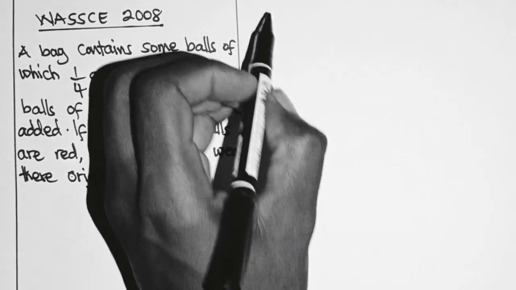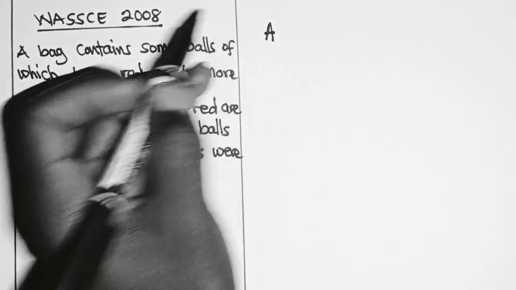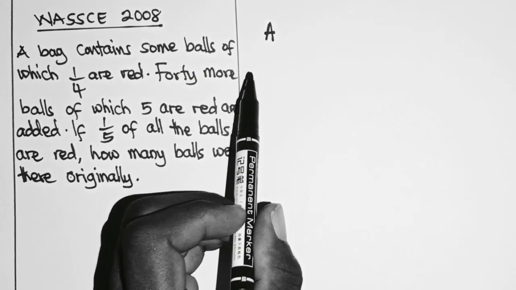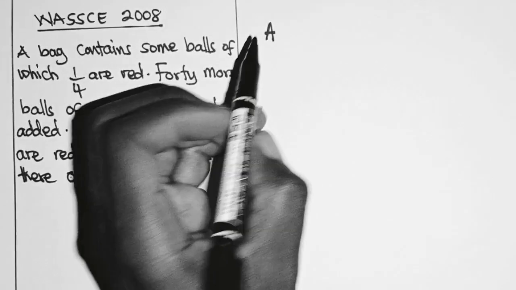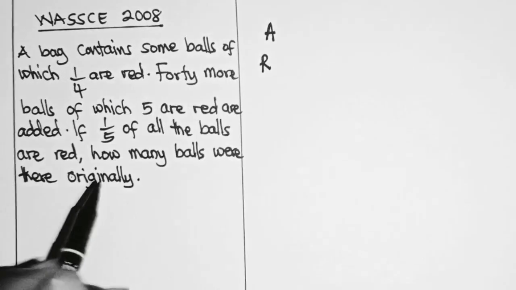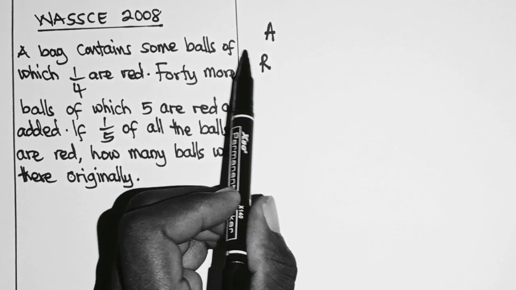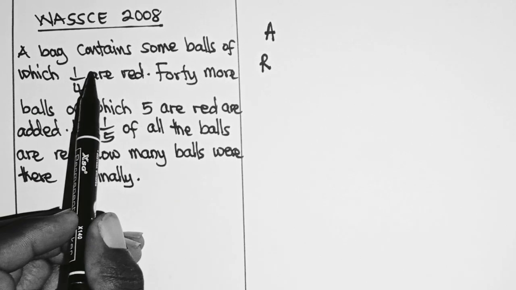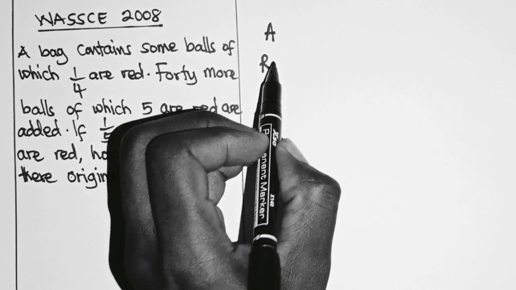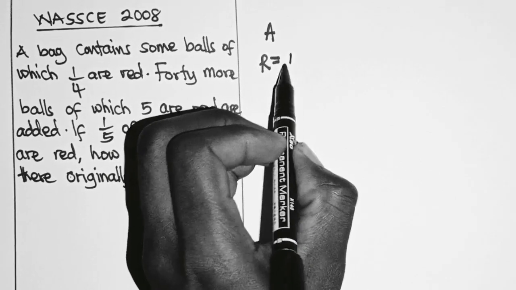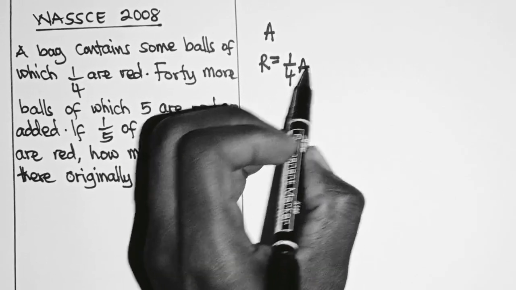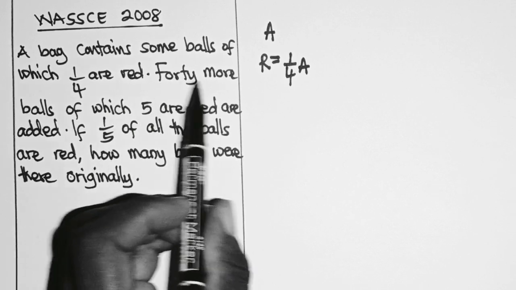So let's let A, capital A, be the number of balls that were there originally. And then let's let R be the number of red balls. So he says that a bag contains some balls, of which 1 over 4 are red. So that means the number of red balls is equal to 1 over 4 of the original number of balls that were there.